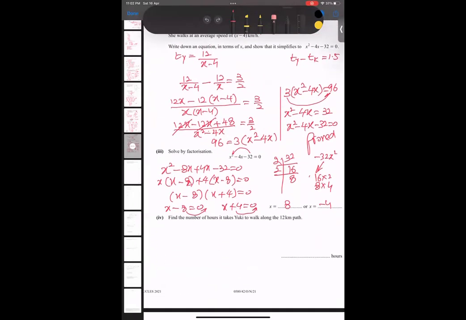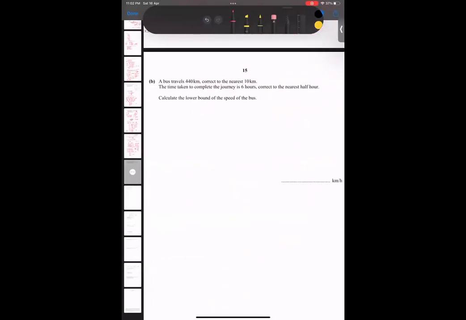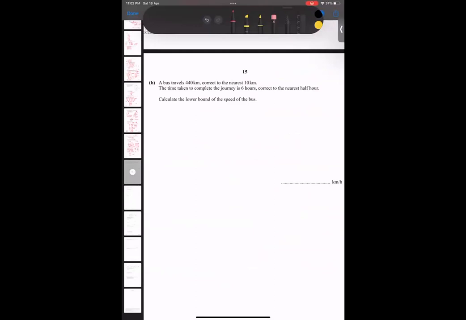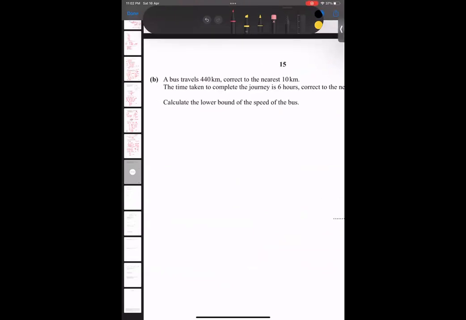So Yuki's time is 12 over x minus 4. Plug in 8 here, and I got 4 3s, which is 3 hours. So Alhamdulillahi Rabbil Alameen.